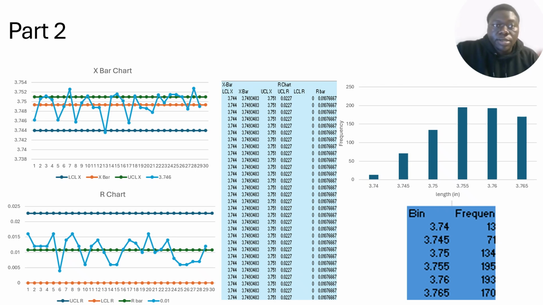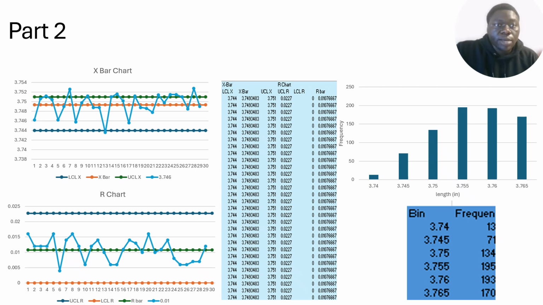I used the stats from the variable control chart and found the X bar number, which then enabled me to find the UCLX number and the LCLX number. Then I found the R bar number, the LCL number, the UCL number, and input each of those into their own chart.